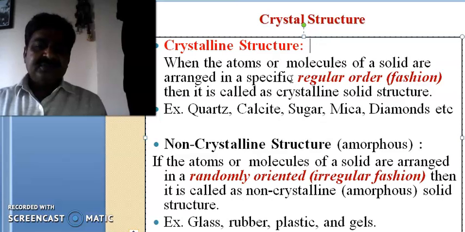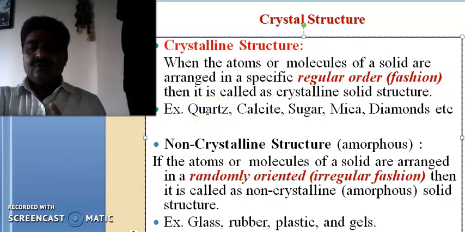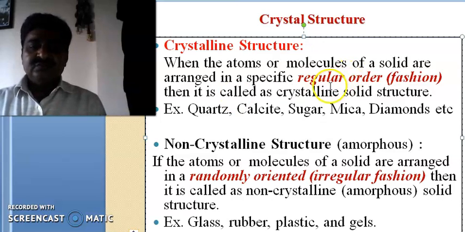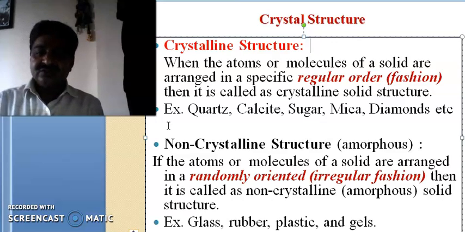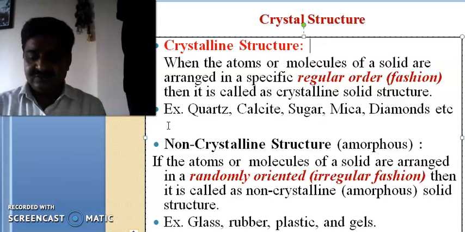Various examples of crystalline structures are available: quartz, generally used in watches, calcite, sugar crystals, mica, diamonds, etc. Their atoms or molecules are arranged in a regular fashion, so we say their structure is crystalline.